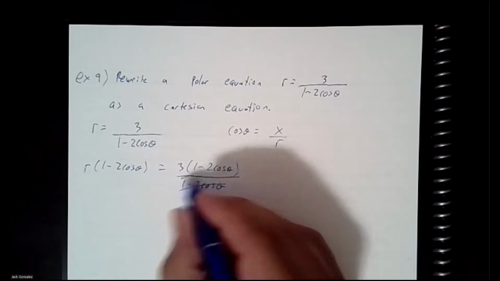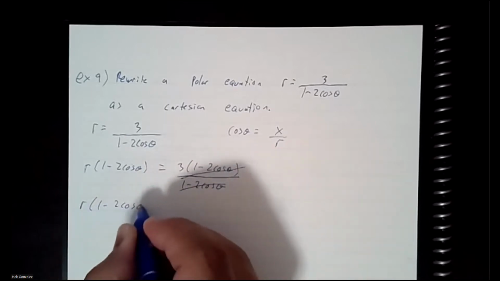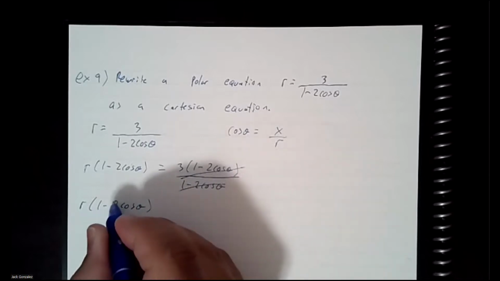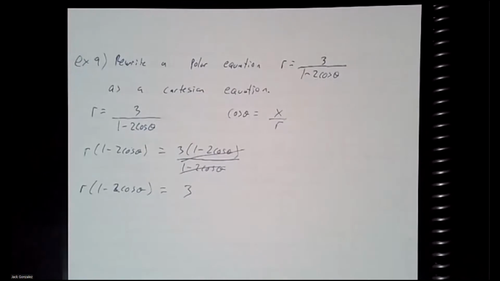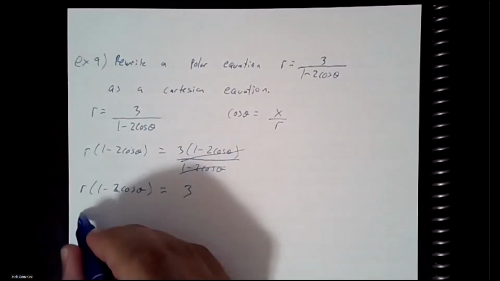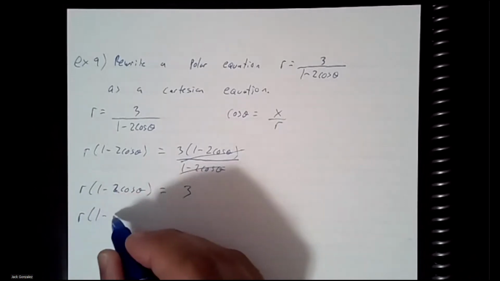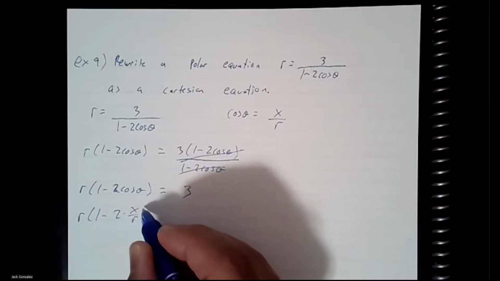So then we'll cancel this fraction, leaving me here. No more fractions. So right here, we can replace the cosine with 1 minus 2 times x over r.